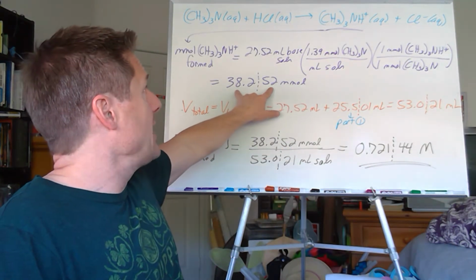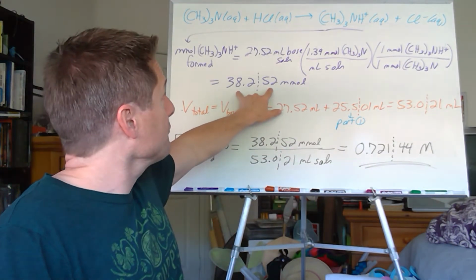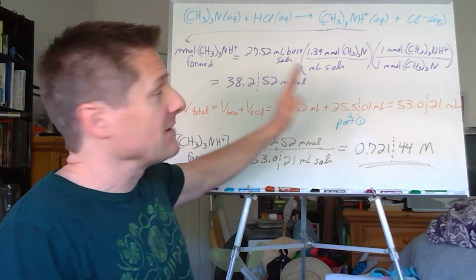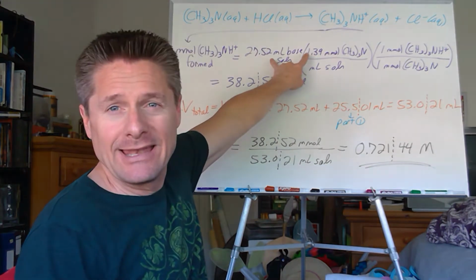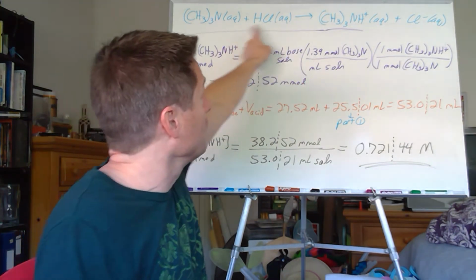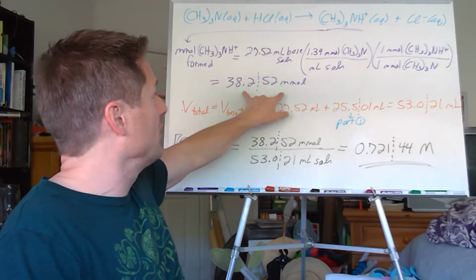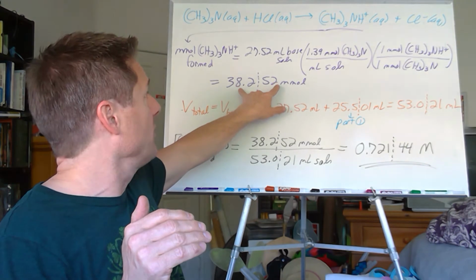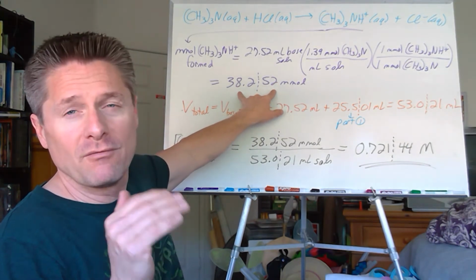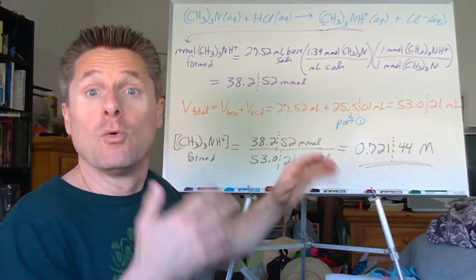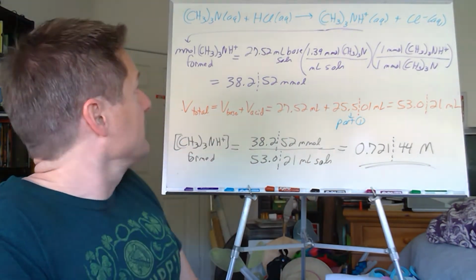So we just get 38.252 millimoles of the conjugate acid formed. That's good to 3 significant figures. Now, we had already calculated the millimoles of base. You could have just brought that answer from before and understood the 1-to-1 ratio. So you literally could just immediately skip this problem and just go 38.252 millimoles of trimethylammonium ion, due to the 1-to-1 mole ratio with the base.